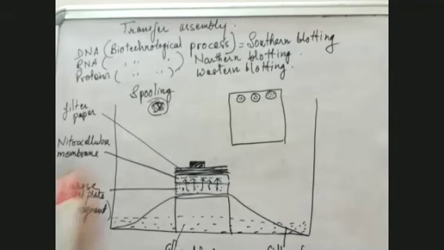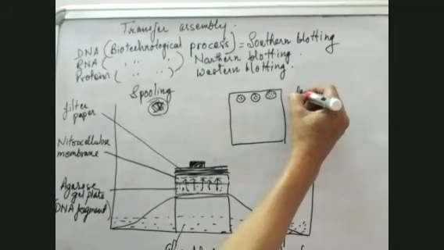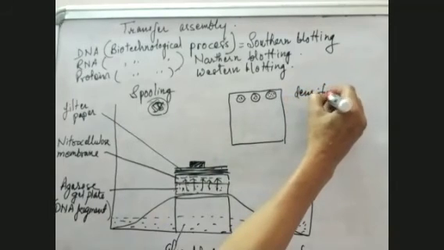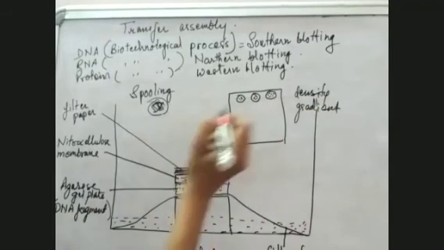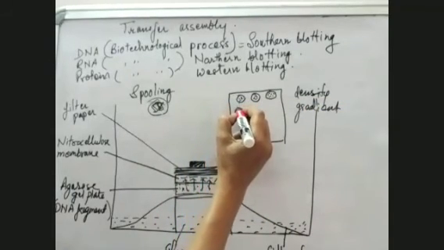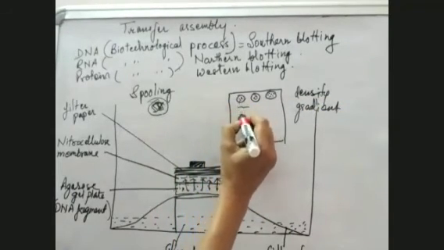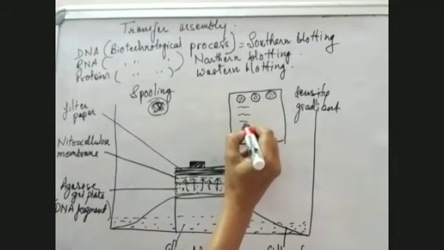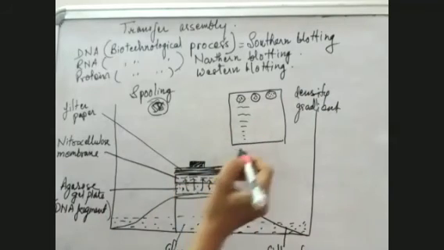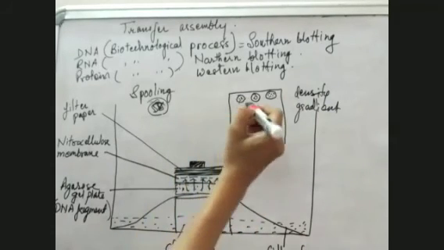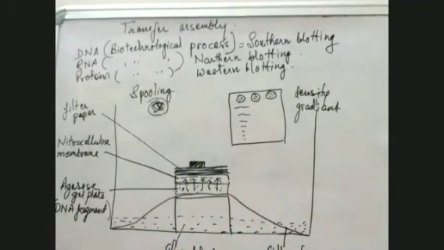And then what happens on the basis of density gradient? When the buffer is added, on the basis of density gradient, the fragments start coming out of the wells and get arranged in this way. See, the smallest go farther, the biggest remain here. This is how the fragments get separated.